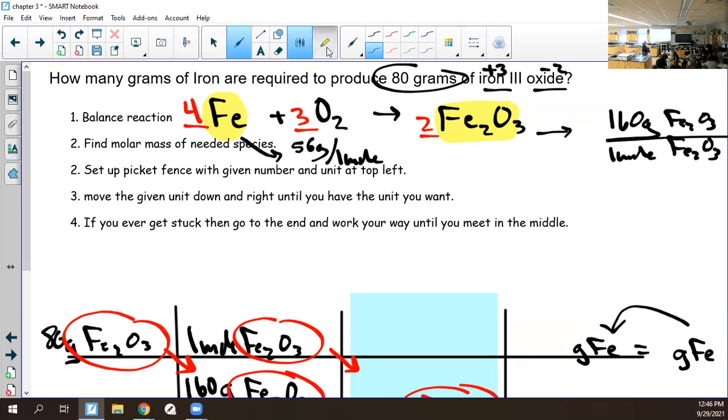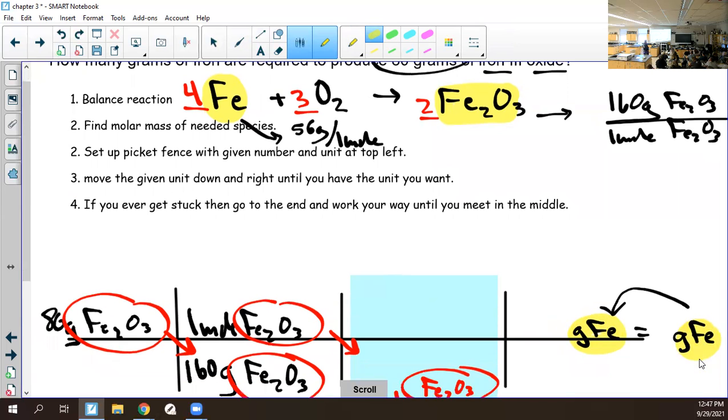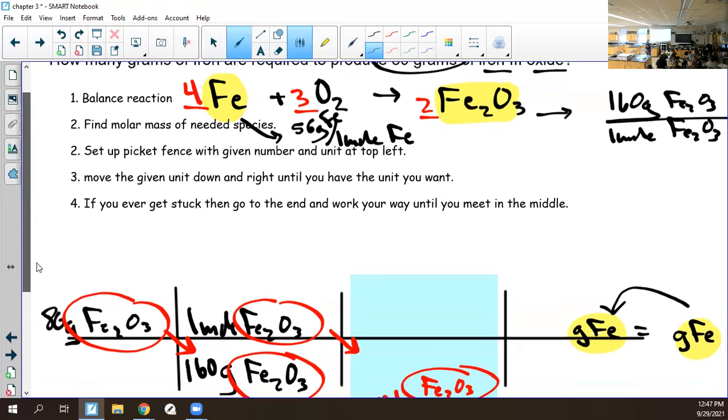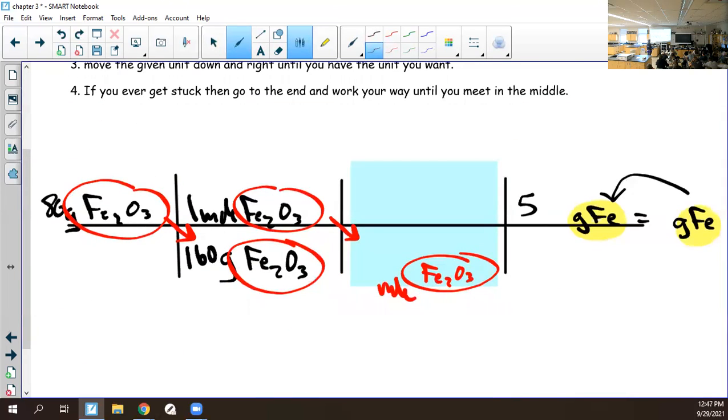I'll say that again with highlighter. Okay, now looking up here, we have 56 grams of Fe for 1 mole of Fe. So I'm ready to go. 56 grams of Fe per 1 mole of Fe.